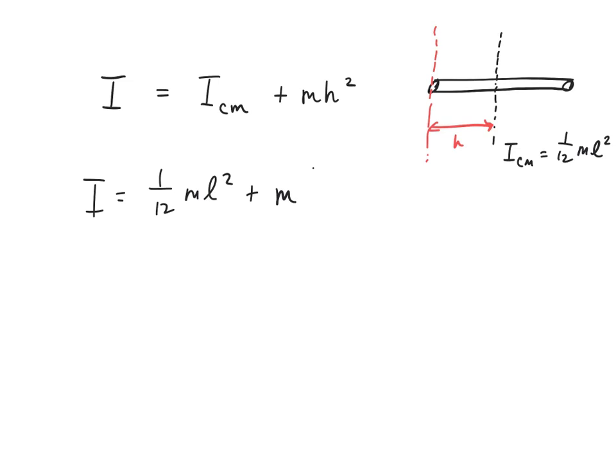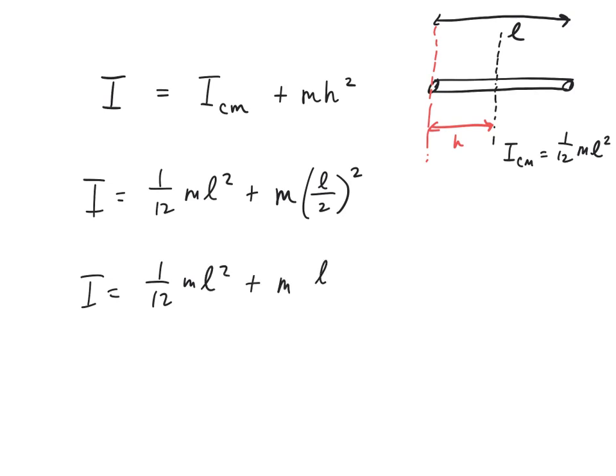So this becomes m times L over 2. Remember, the length of the rod is L. That's L up there. So it becomes m times L over 2 squared. And then if I simplify this, I'm going to get L squared over 4. And L squared over 4 in terms of 12 is going to be 3L squared over 12.